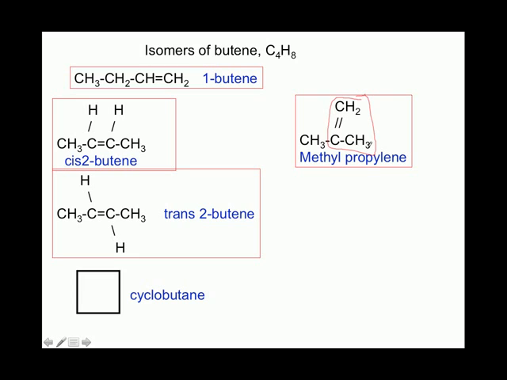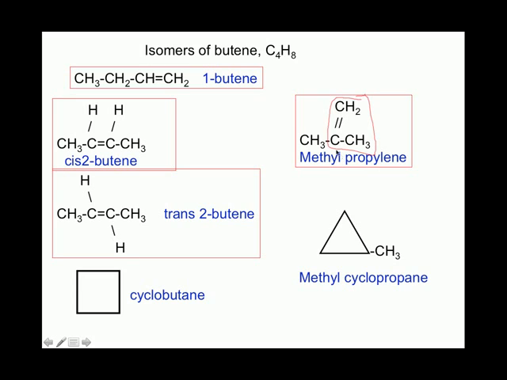So I'm going 1, 2, 3, and then that methyl group is on that second carbon atom. Now you might wonder, why don't they call it 2-methyl? Well, because we only have 3 carbon atoms, that methyl group could only be on the second one. There's no other place for it to be, because if it was on the end, then it wouldn't be propylene anymore. It would be butene. So therefore, we just have to say methylpropylene, not 2-methylpropylene.